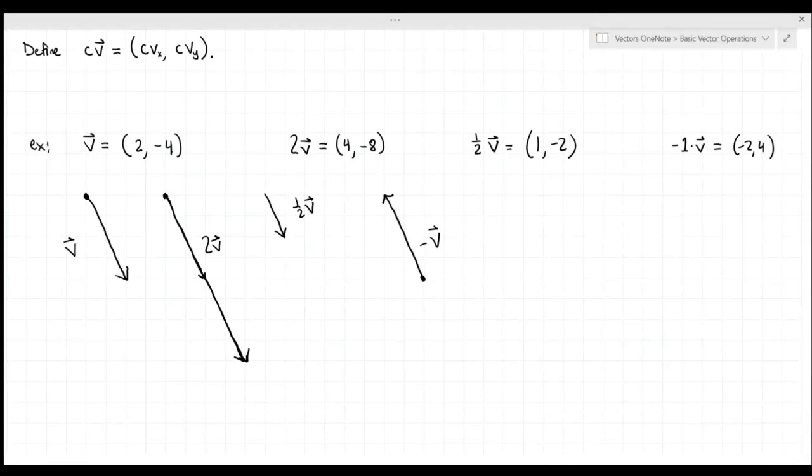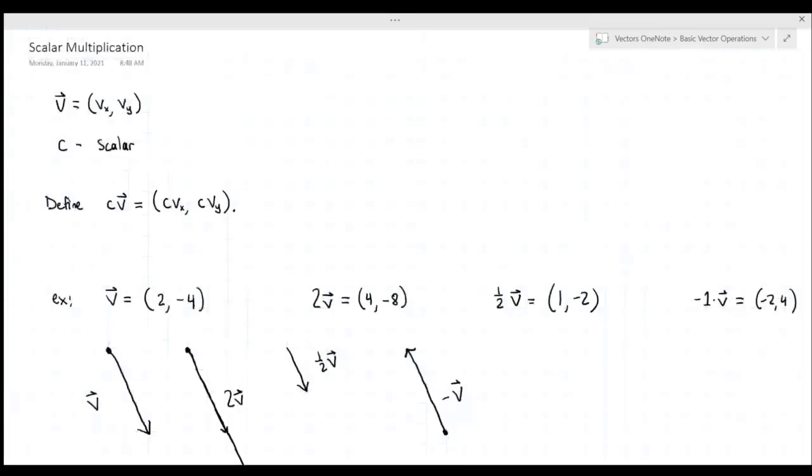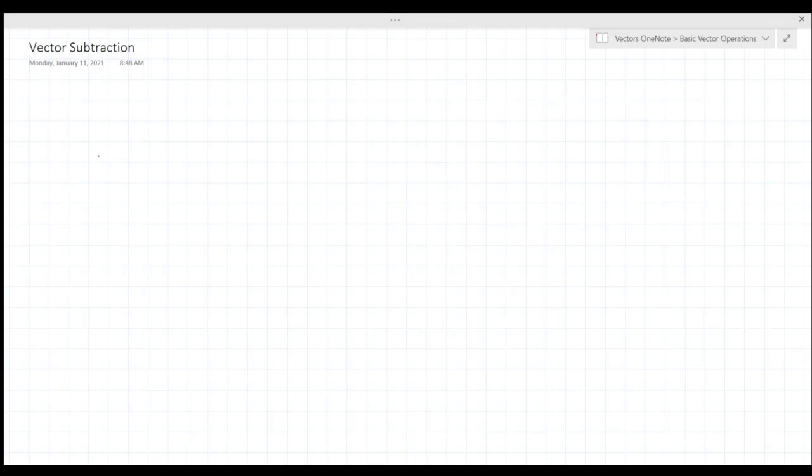All right, and then let's see here. I guess I should move on. So I also want to talk about vector subtraction as well. Okay, so vector subtraction works the same way as addition, except you're subtracting rather than adding the components. So if you have u minus v, you can think of it as vector u plus the negative of the vector v.